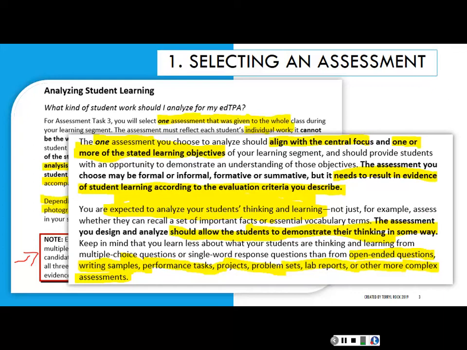Writing samples, performance tasks, projects, problem sets, lab reports, other complex assignments. Yes? Is it okay if the first 2 or 3 questions are true and false, and then they have 6 to 8 short answer? That's fine. It can be mixed. But what you want is an assessment that you're going to be able to give feedback on besides just, well, you got the answer wrong. So the higher up in Bloom's you go, the better.